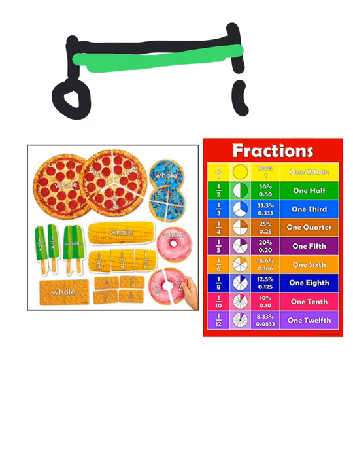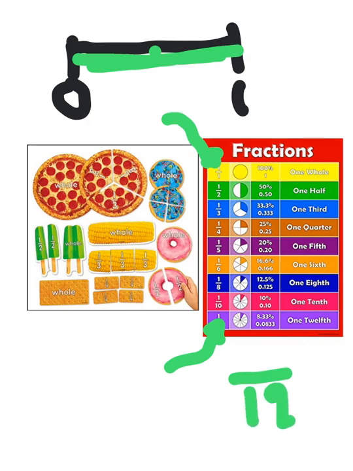When we look at a fraction, the top part is the numerator. And the bottom part of a fraction is the denominator, and I always think down, because the bottom part is the denominator.